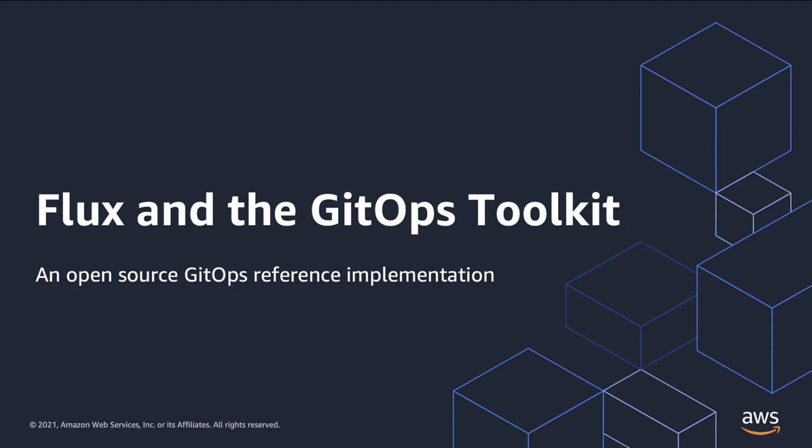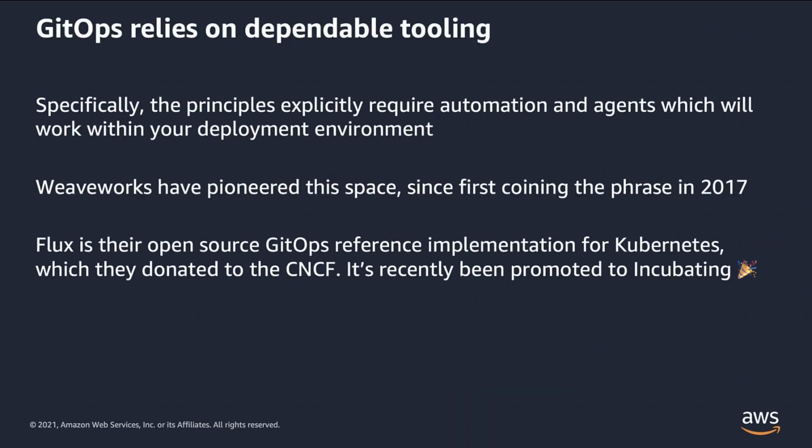So Flux is an open source GitOps reference implementation. GitOps relies on tooling, right? Basically all modern DevOps relies on trustworthy automation. But GitOps literally says it only has 4 principles, and one of them is that there are software agents. So the principles explicitly require that those exist.